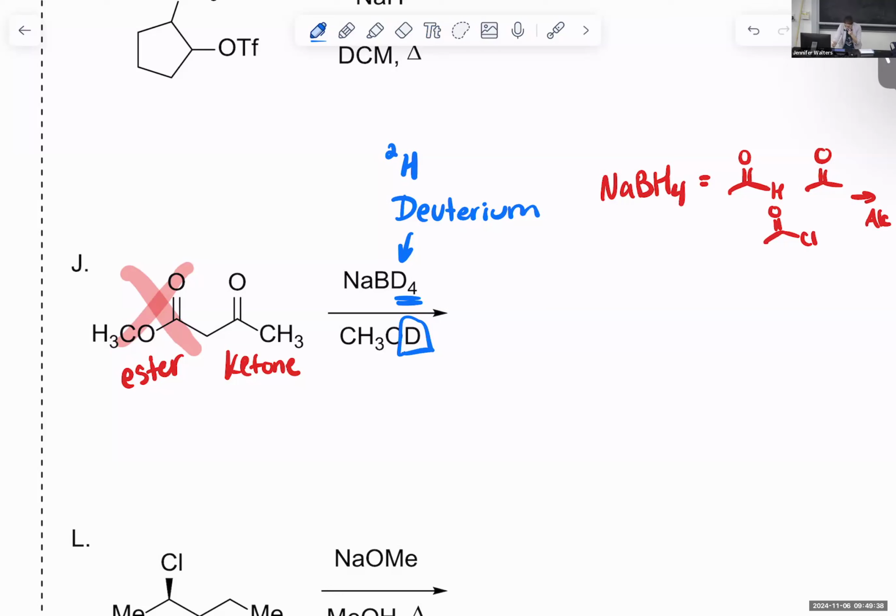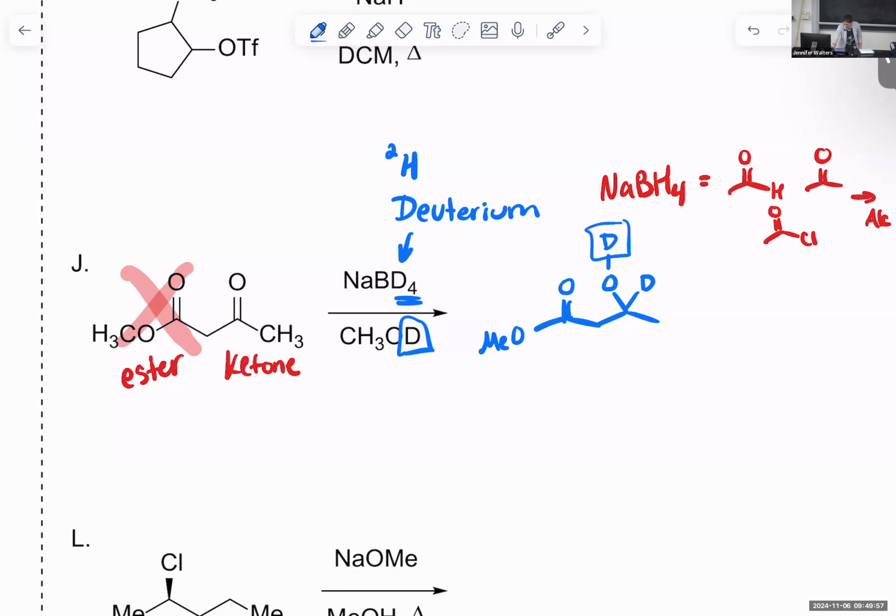That's it. So that means I'm going to redraw my ester. That stays put. And then for the ketone, it will become an alcohol, but it's a deuterated alcohol.